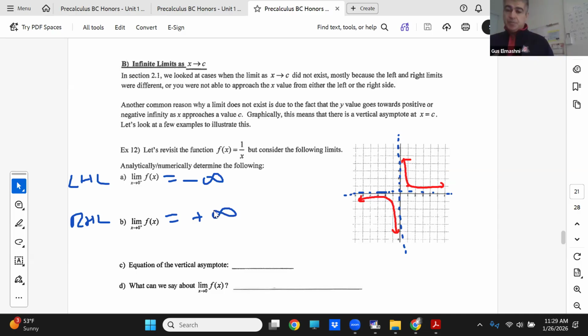When this happens, when the output, let me put this little text box here.